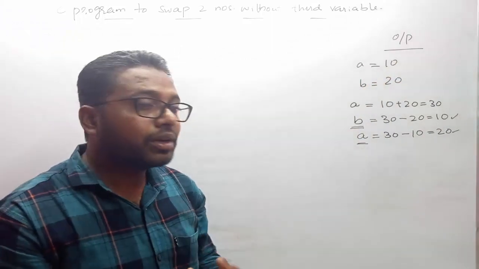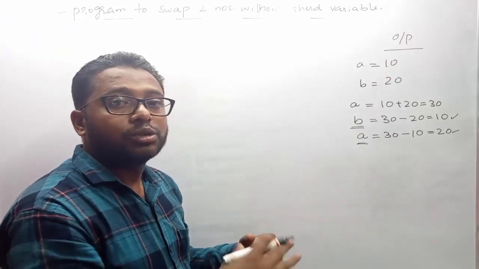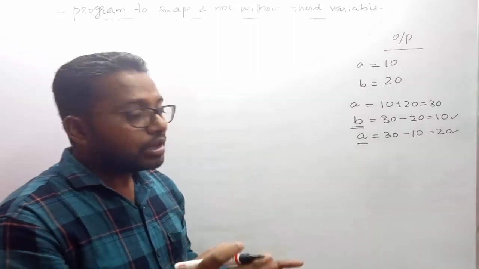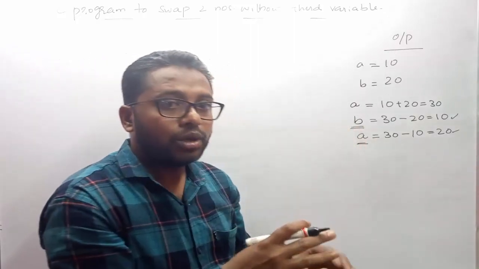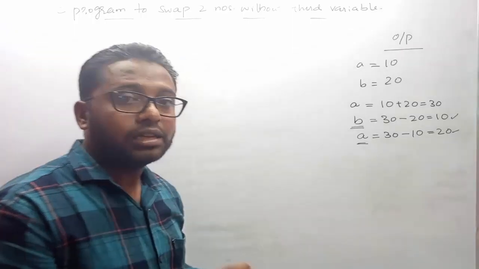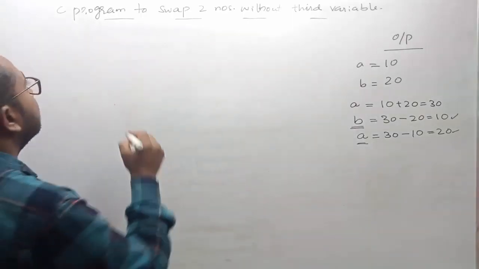Now I have successfully managed to swap the values of both of these variables A and B. This is the logic which we need to use while writing the C program. So now let us start writing the C program for this example.